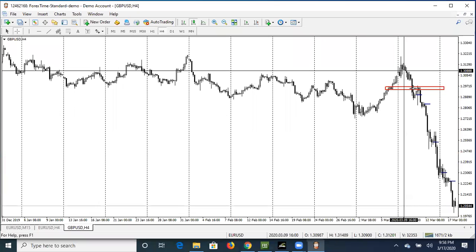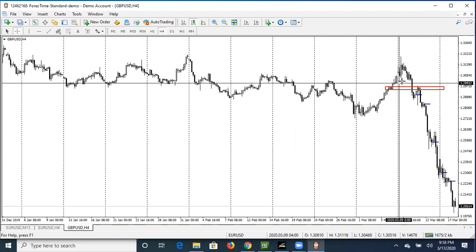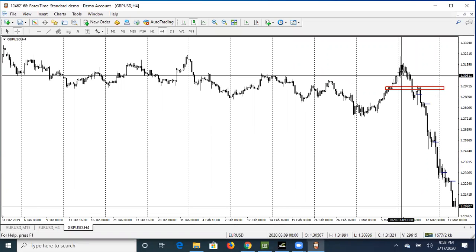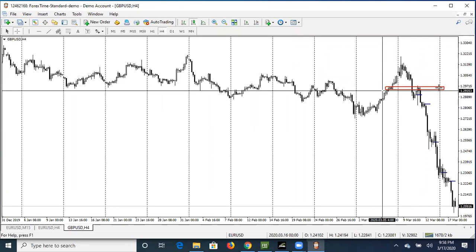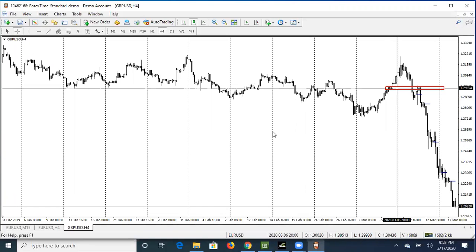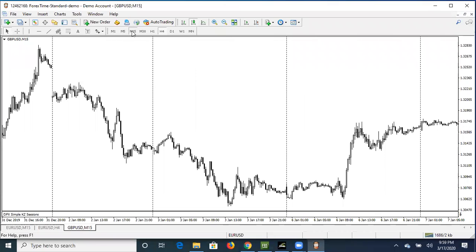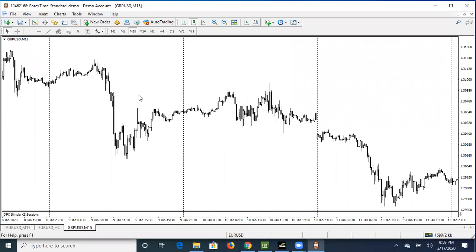We started becoming bearish on the 10th coming into the 11th. So the 9th would still have been bullish, because price hadn't broken the order block here. So at this point, we would have been thinking of buying. On the 9th, we would have been buyers, looking for an opportunity to go long.